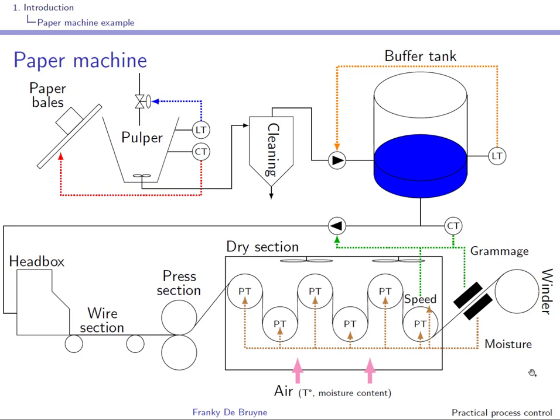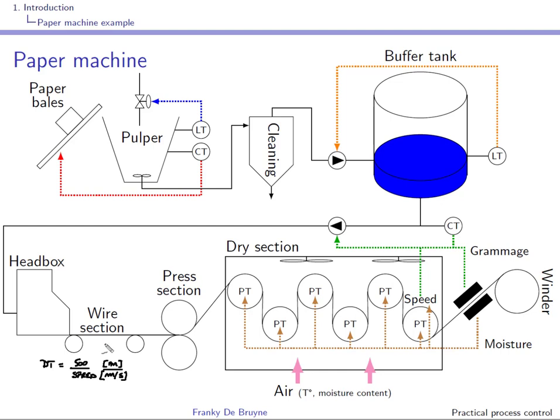Now, if the production speed changes, this means that the delay, we'll call it dt over here, will change, because it is this distance that has to be covered divided by the speed. So you'll have units meters divided by meters per second, and you'll have something in seconds. So if the production speed is changing, the dead time is changing.